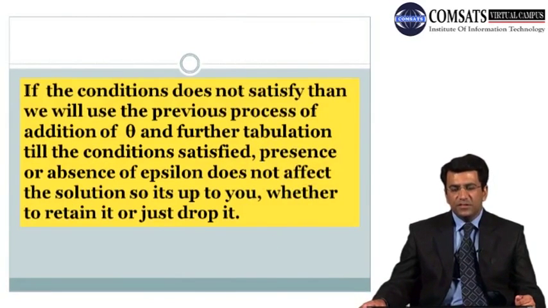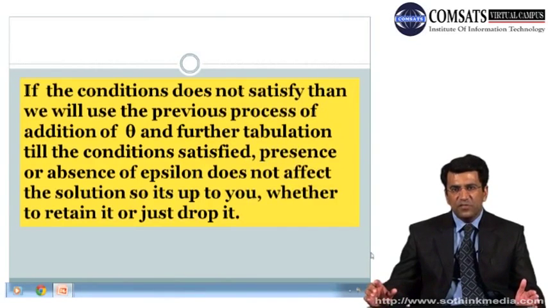If the conditions do not satisfy, then we will use the previous process of addition of theta and further tabulation till the condition is satisfied. So students, as I just told you, if the condition of optimality, that is all the shadow costs for your non-occupied cells should be negative, is not achieved in a table, then you will have to repeat that step of theta.